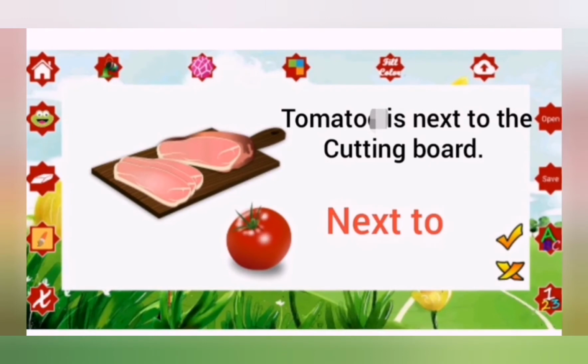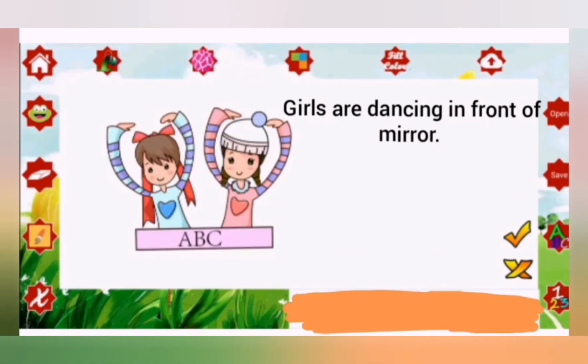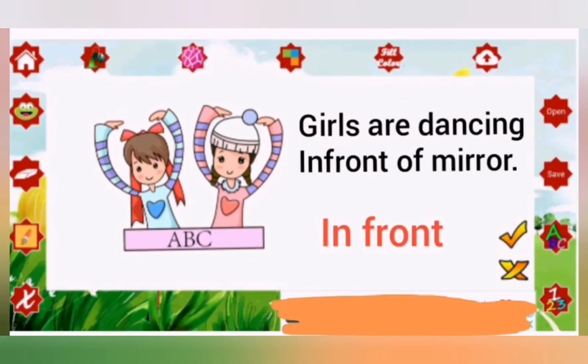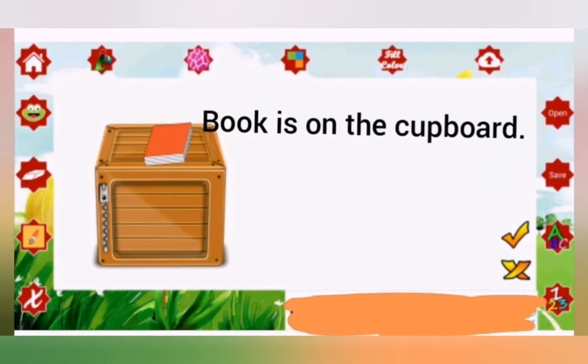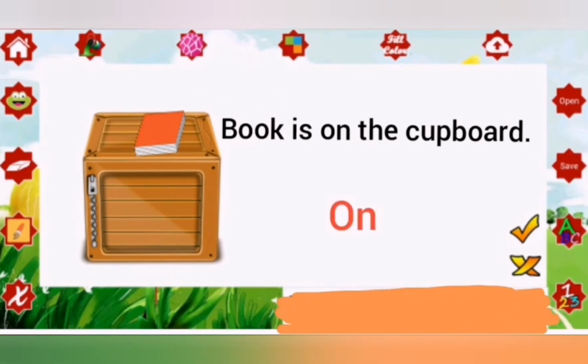Here, next to is an example of a preposition. Girls are dancing in front of the mirror. Here, in front of is a preposition. Book is on the cupboard. Here, on is a preposition.